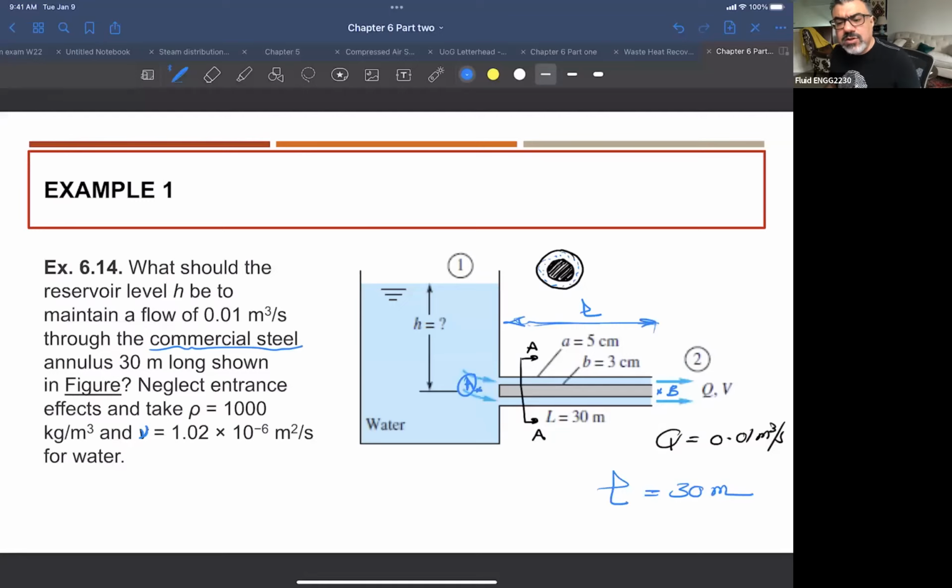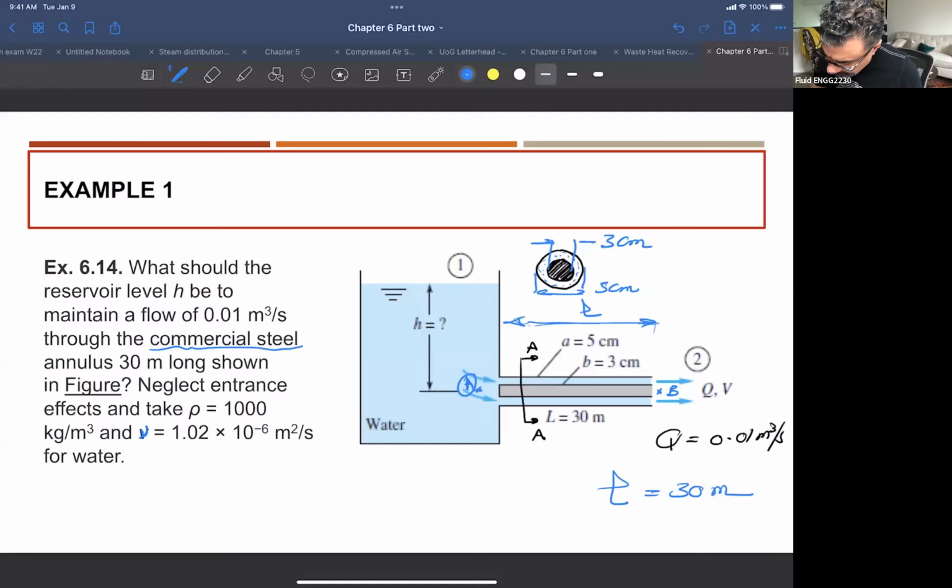The diameter of this solid part is 3 centimeter, and the diameter here is 5 centimeter. So to start organized, you can start by calculating the hydraulic diameter, so we can treat everything after that based on what we learned before.